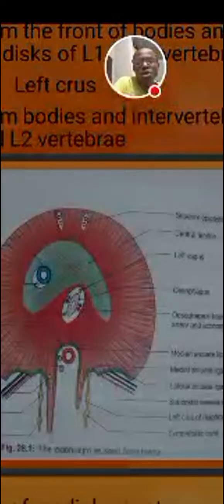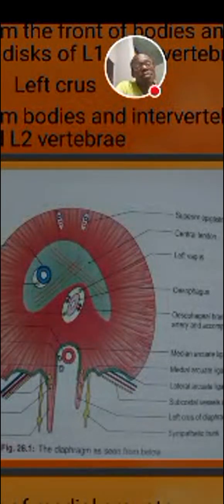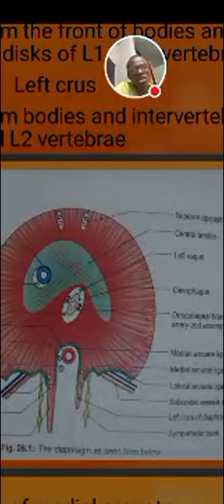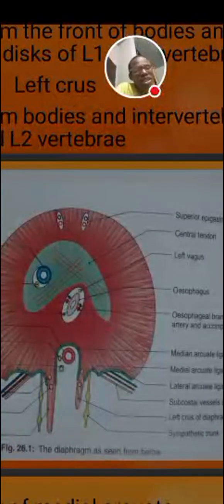We say Pomal and Polar. What does that mean? Pomal means pairs of medial arcuate ligament. Polar means pairs of lateral arcuate ligament.